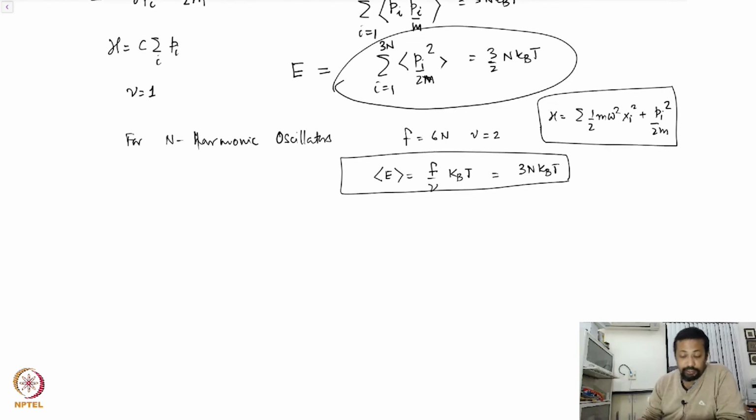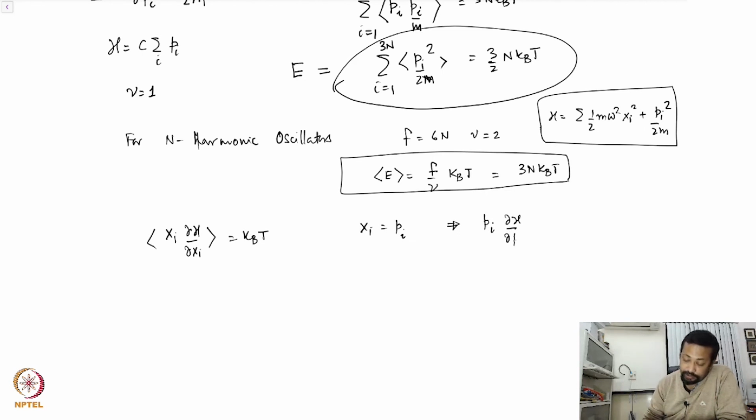Our last point to note in this particular discussion is, let's say I have ∂H/∂x_i averaged equal to k_B T. If I choose x_i equal to p_i, this implies that the average of p_i ∂H/∂p_i is equal to k_B T. But ∂H/∂p_i, if you recall your Hamiltonian equations of motion, is q_i dot.